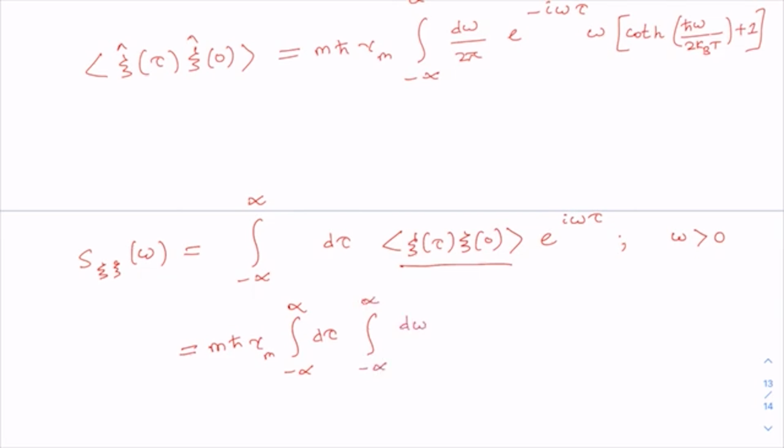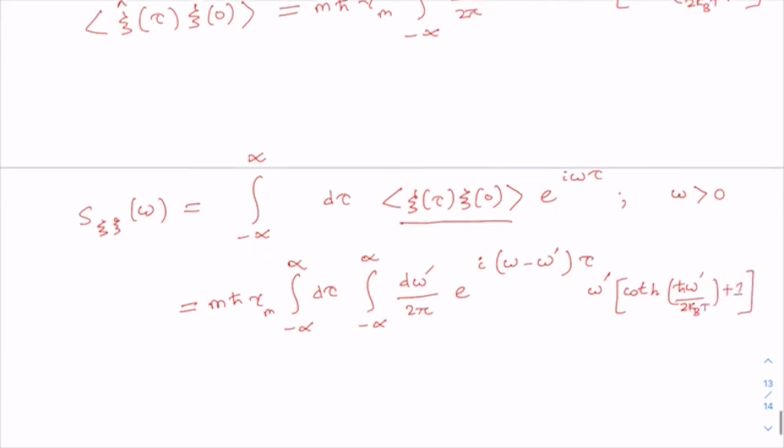Let me use the frequency variable ω', dω'/2π e to the power i(ω − ω')τ, because now I have this minus ω' here, so I am replacing it by ω'. Okay, so this is what I have. Then here I will have ω' coth(ħω'/2kBT) plus 1.